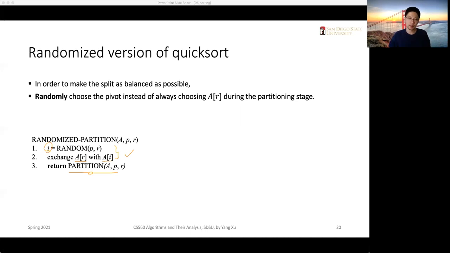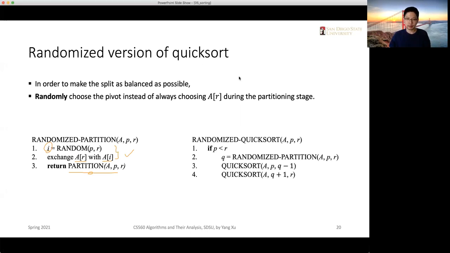In the randomized quicksort version, we just call this randomized partition instead of the original partition. This is a technique we can quickly adopt to make quicksort run faster.